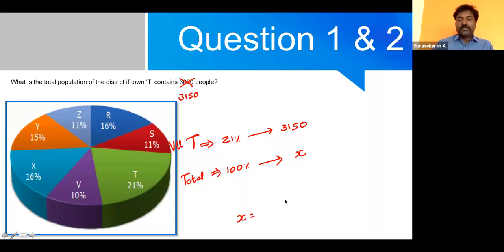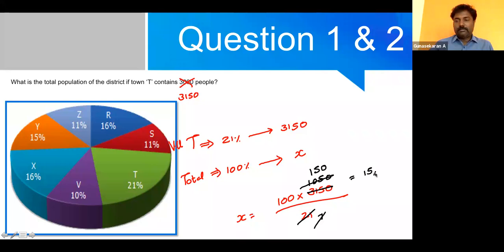Do the cross multiplication. That's all. Clear?